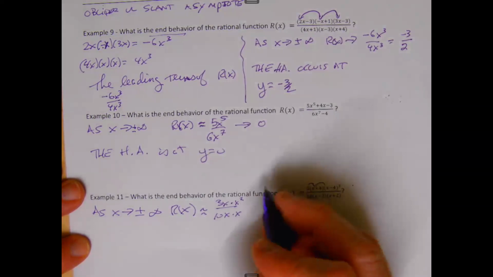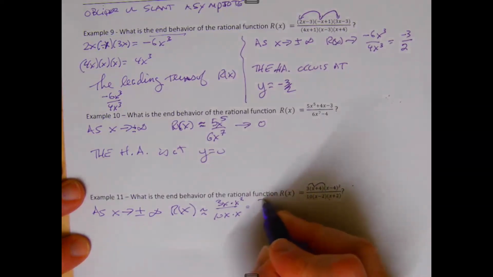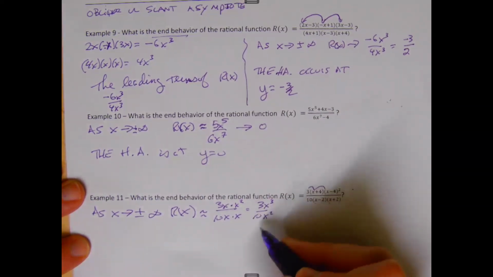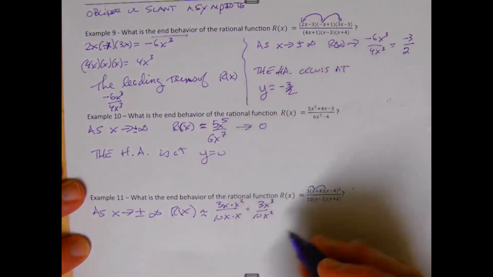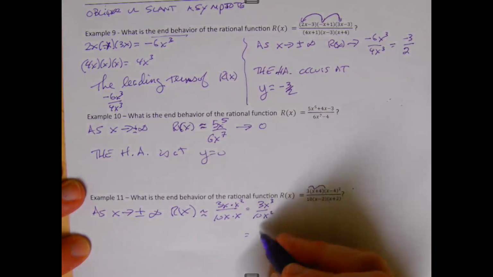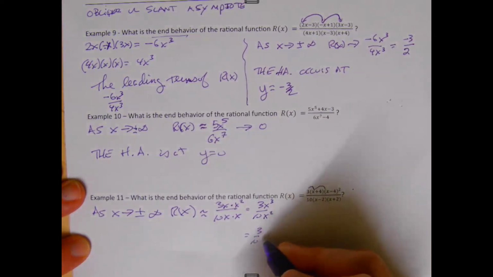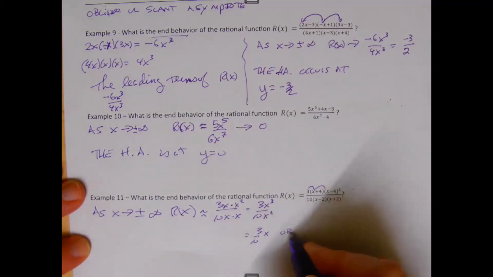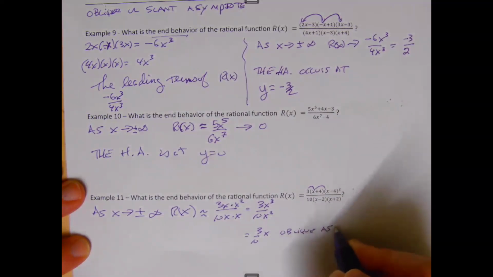So what I have here now is 3x cubed over 10x squared. If I were to reduce this, I could have reduced that one earlier, but I didn't. Get the point. When I reduce this, what I have is 3/10 and then x. So this is an oblique asymptote.